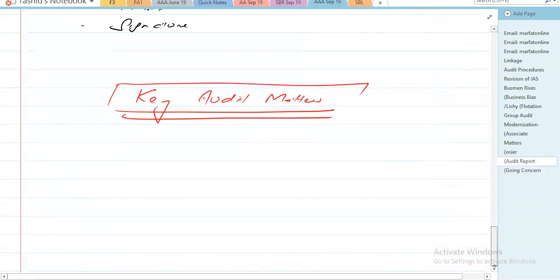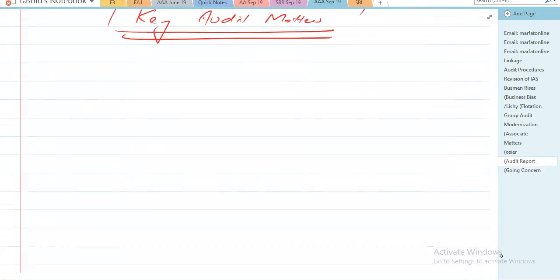It is new because some years have passed, but from the practical implication point of view, you can say this is something new. So, key audit matters, also known as CAM.